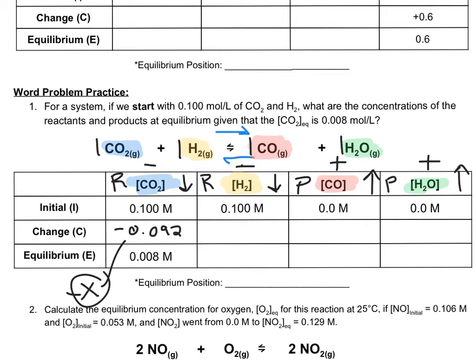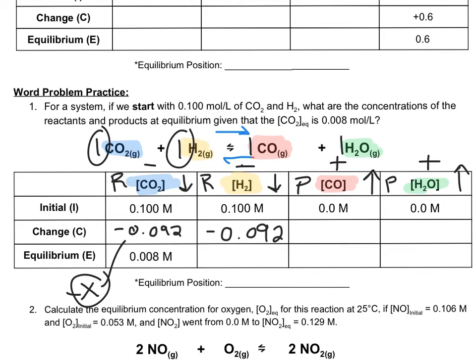So the reactant went down by that much. The other reactant is going to go down by a similar ratio. In this case, the ratio is 1-to-1, so it's going to go down by the same amount, 0.092. Both of the reactants are going to go down by the same amount. The products are going to go up by their same mole ratio as well.